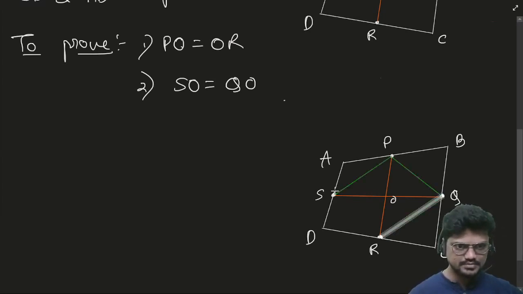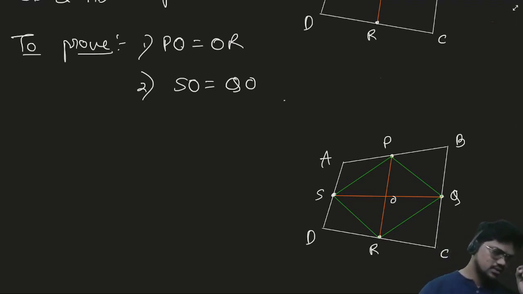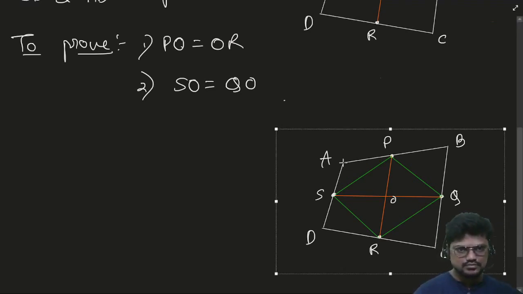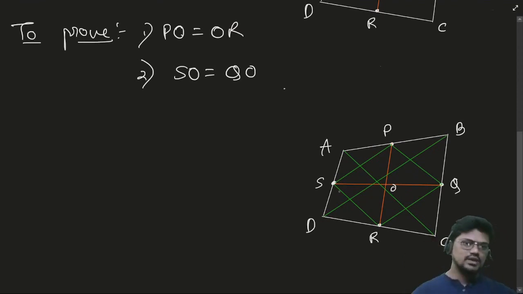If I join all of them, also I draw the diagonals, which is required. We need to prove that PO is equal to OR and SO is equal to OQ. Now let's write the proof.